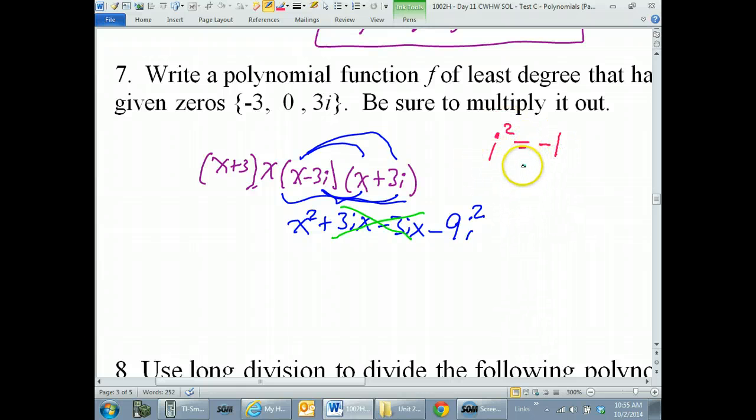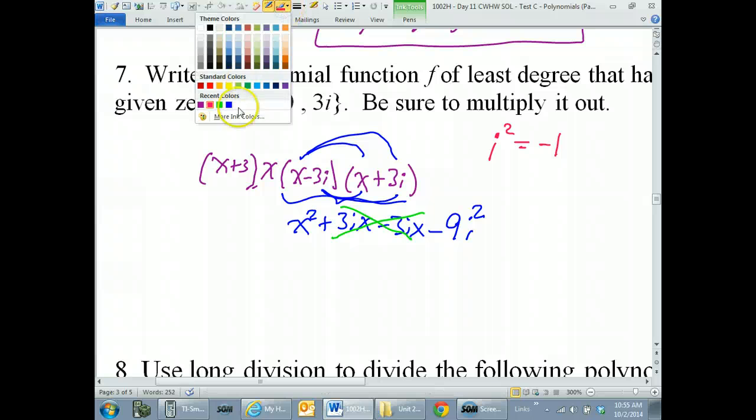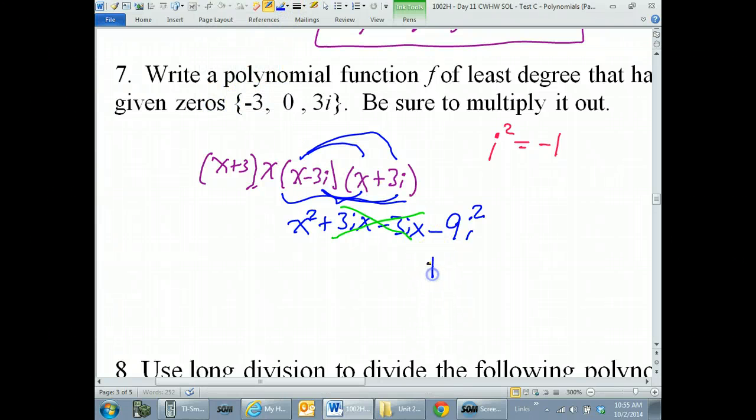All right, we just memorized that. So in that case, what's going to happen to this negative 9? It's going to become a positive 9, once you multiply it by this negative 1 right here. Okay, so in the end, I'm going to have x squared plus 9, like Ashton was just saying. Okay, so x squared plus 9.